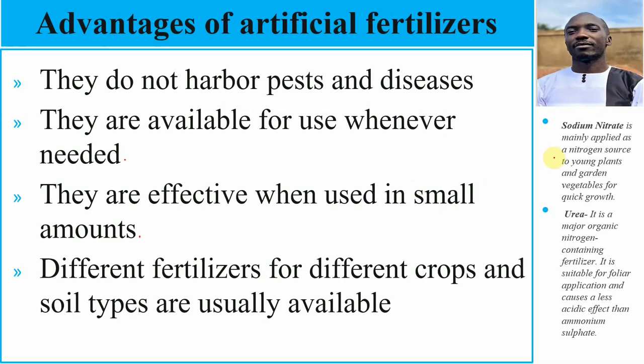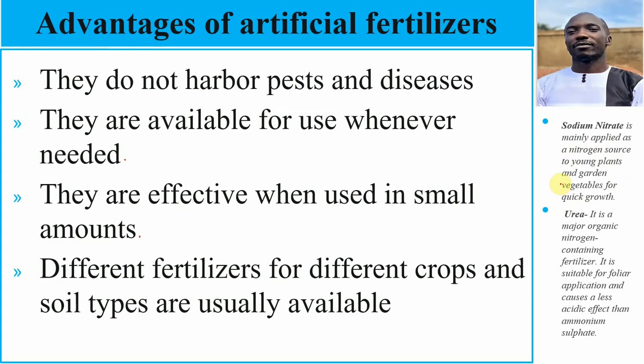Then we can also say that if you are talking about some fertilizers, for example, sodium nitrate is mainly applied as nitrogen source to young plants and garden vegetables for a quick growth. In other words, sodium nitrate quickens the growth of plants, especially the vegetables.